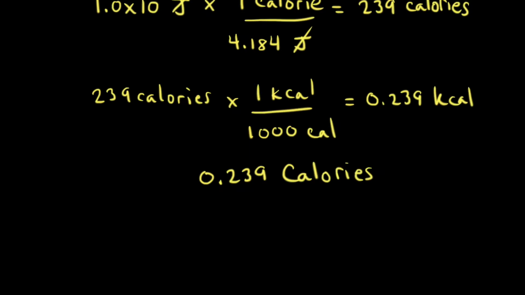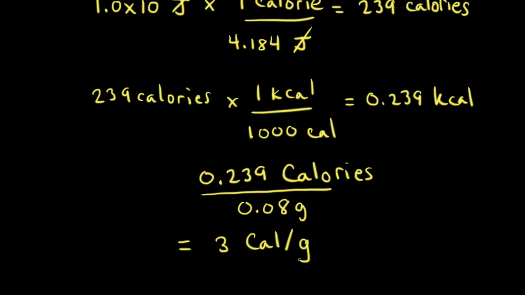To find the energy content of the marshmallow in calories per gram, we just need to divide our food calories by how many grams of marshmallows we used, which was 0.08 grams in our combustion. So dividing by 0.08 grams gives us approximately 3 calories per gram of marshmallows.